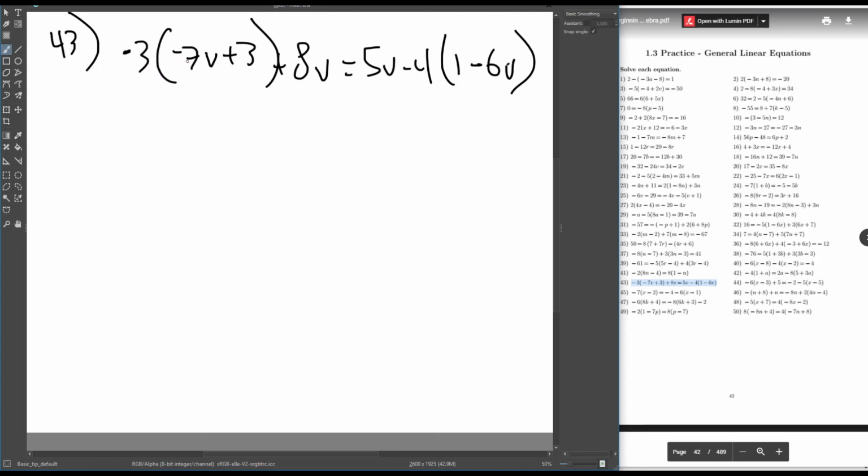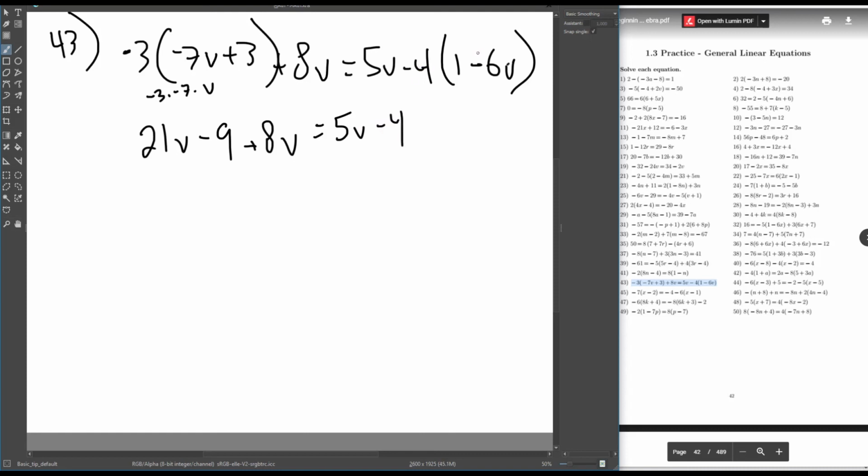There's an even number of negatives. That's automatically a positive. So that's 21v. Minus 3 times plus 3 equals minus 9, plus 8v, that's a carryover, 5v, and then we have minus 4 times 1 equals minus 4, minus 4 times minus 6v equals plus 24v.